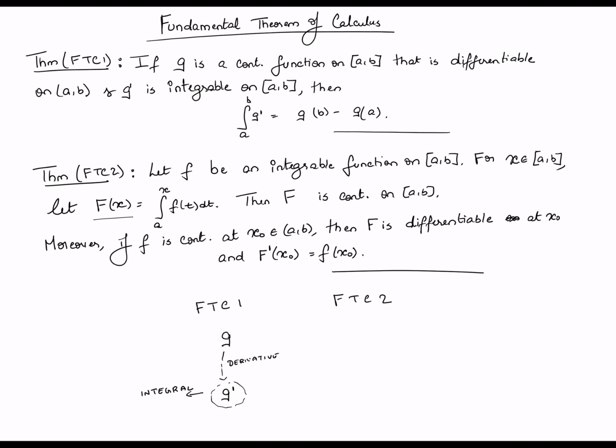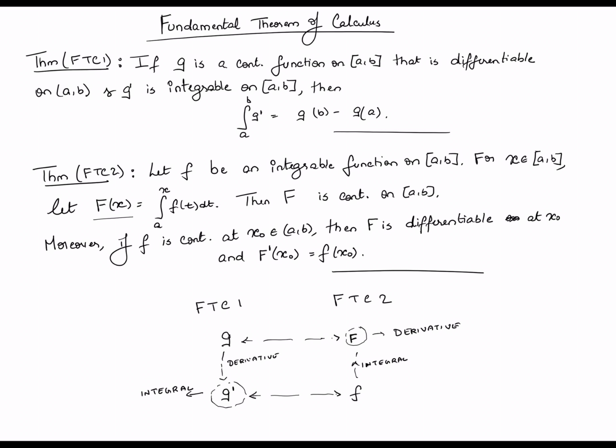On the other hand, in the language of FTC2, well, you have a function f, okay, and then you construct the running integral. We call it capital F, right? And then we were looking at the derivative of this. Right? So if anything, between the two statements, the role of g is analogous to the role of capital F, and the role of small f is analogous to the role of g prime, if you will.